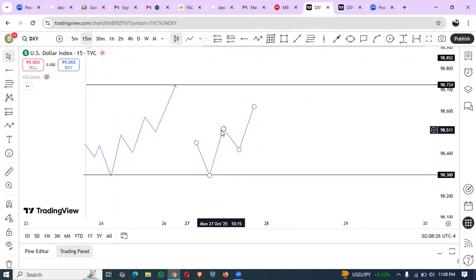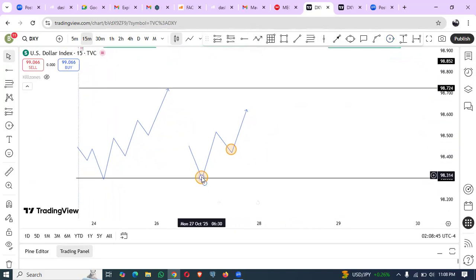Once you've seen these two points, you can mark them out. This is your second impulsive push, and the first impulsive push. So once you've seen these, impulse, correction, impulse, you go for the extreme block.